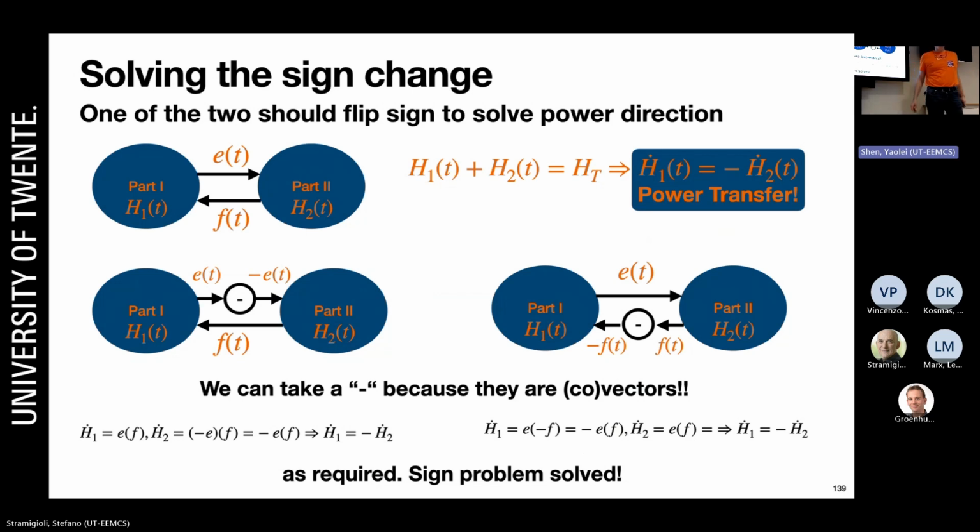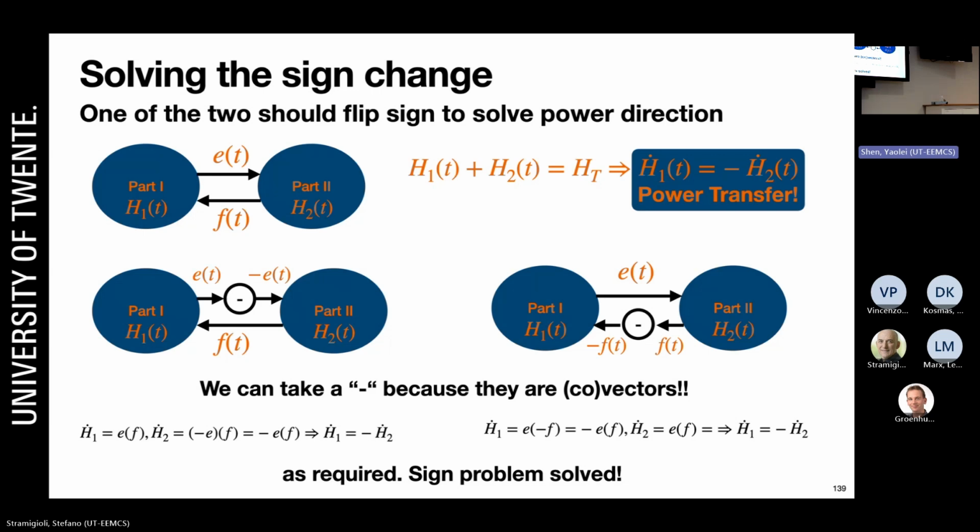So what can I do? If I now put a minus sign here or a minus sign on the flow in this signal in between, what you then would have is that I can consider both sides with the same direction, right? Because I change the power direction. If I put a minus in the effort, or a minus in the flow, doesn't matter in which, I change the power direction, right?